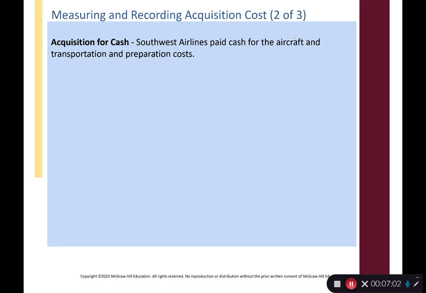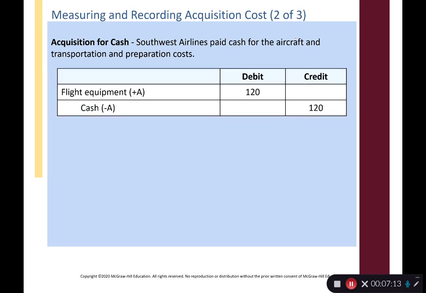So let's go through some examples. Southwest Airlines paid cash for an aircraft and transportation and preparation costs. So how would that be recorded? Well, the amount that they pay would get recorded as equipment and then cash would go out. So in our accounting equation, A equals L plus E, revenue minus expense equals net income.